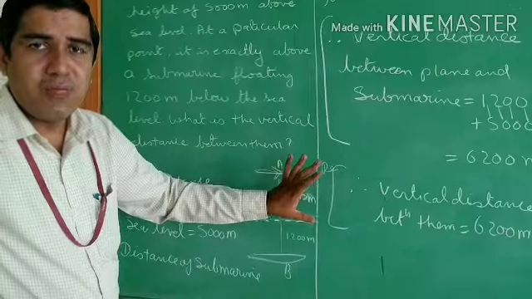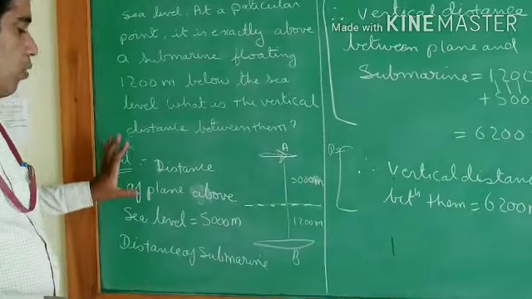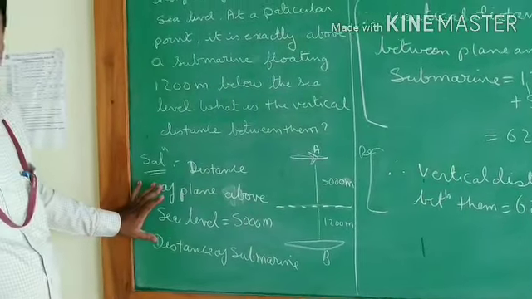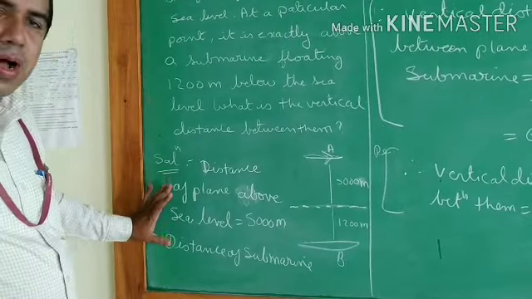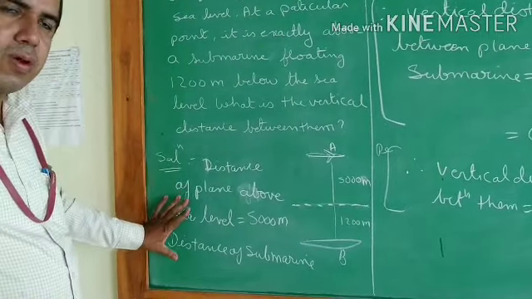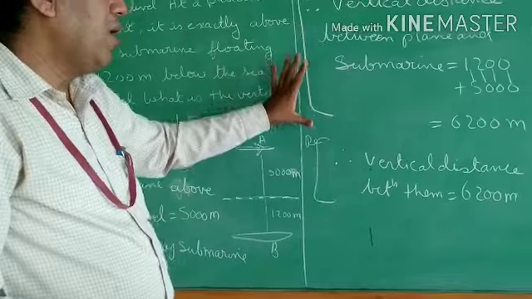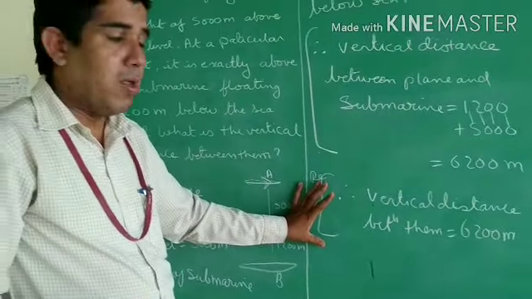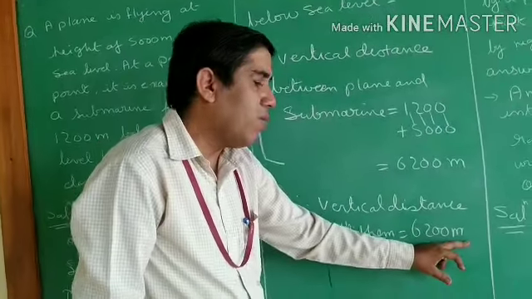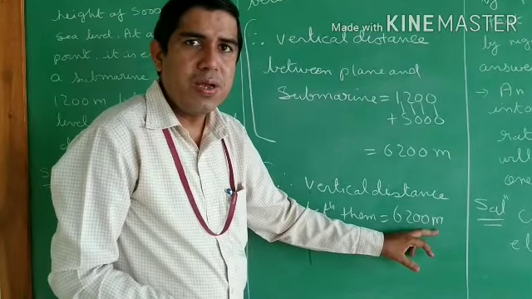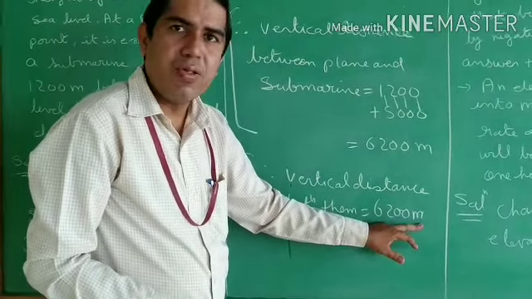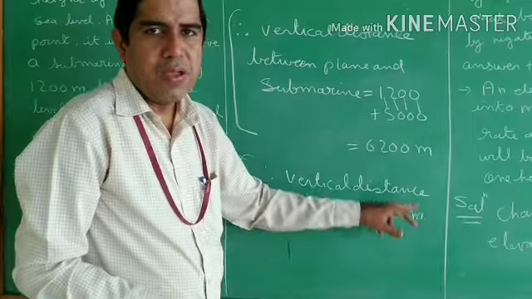This is the way we have to solve a word problem. All three parts get marks. This question comes for 3 marks. 1 mark for the information, 1 mark for the calculation, and 1 mark for the result. In the result we must write the unit; if we don't write the unit, there is a chance of losing marks. So I think it is clear to you.